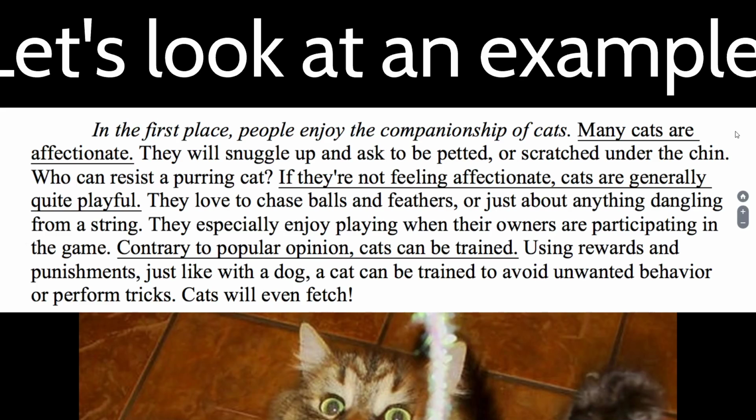In the first example, cats are affectionate, we had a list of actions, a list of reactions. In the second example, we have a list of nouns. We have a list of toys, things: balls, feathers, string. And in the second sentence, they especially enjoy playing when their owners are participating in the game. This is all true.